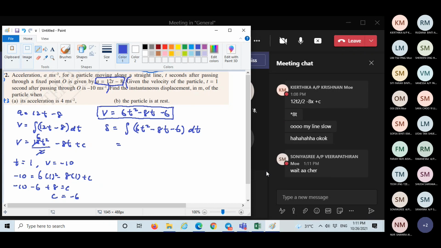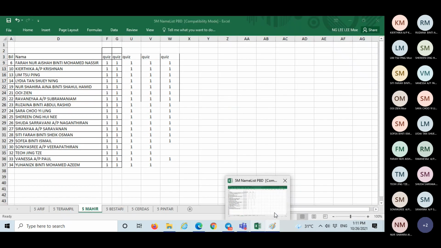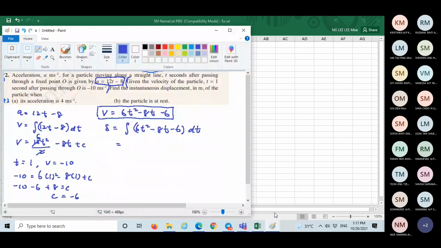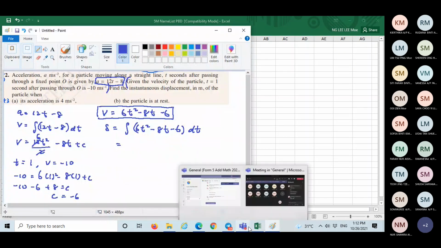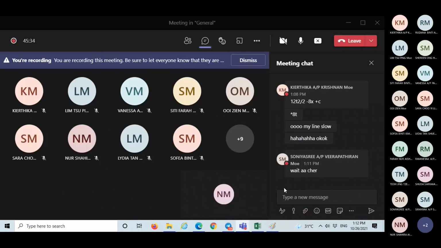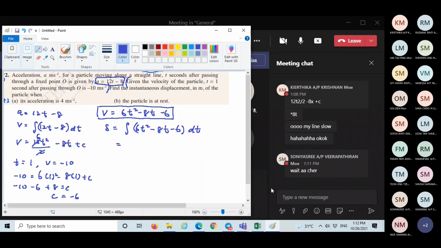Wait, okay, but I don't want to wait for too long. Okay, I get the next girl. Xingzi, maybe you can tell me, after we wait for Sonia 3 to get the integration, after that, how to find the C? Can you give me the conditions for this to find the C? What should we put for the T and the S?